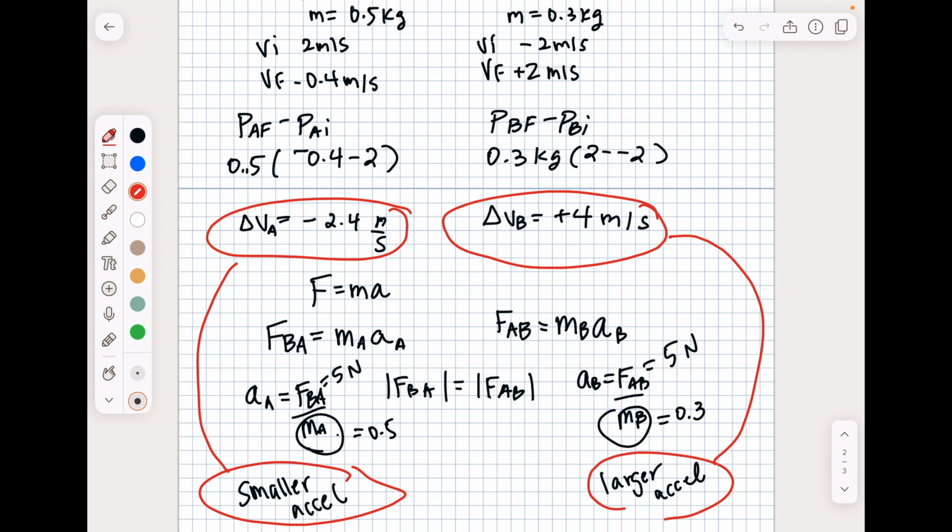Okay? So everything that we're learning is connected to what you have studied previously, right? In Newton's laws. It's the same concepts, but we're just changing the discussion slightly and talking about changes in velocities and momentum versus accelerations and forces.